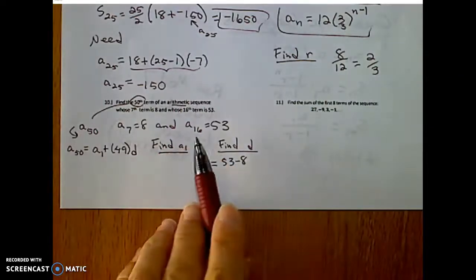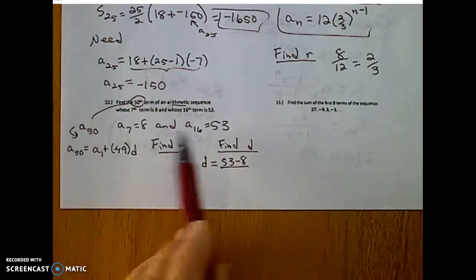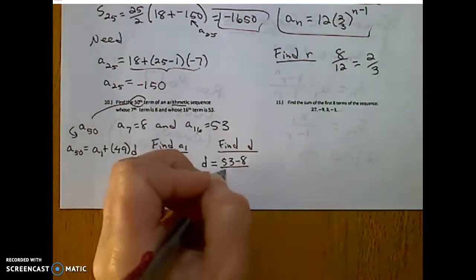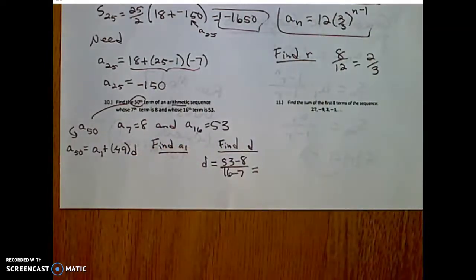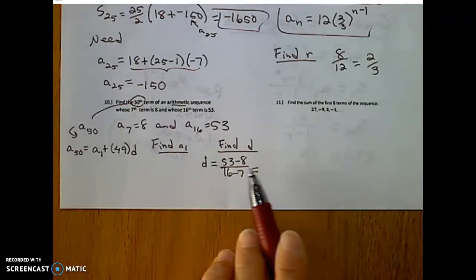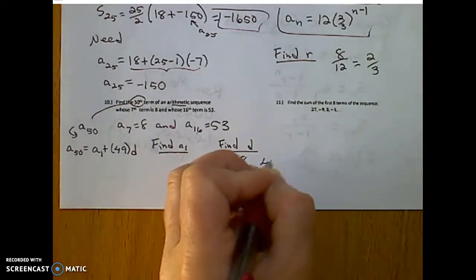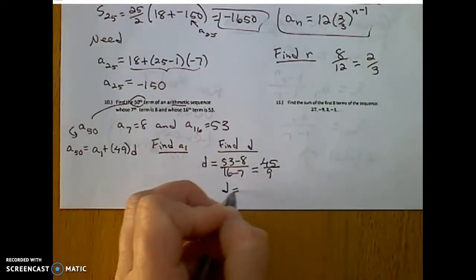And how many of those jumps would I have? That's 16 minus 7, and remember it starts to look kind of slopey. The common difference is the slope in an arithmetic sequence. So 53 minus 8 divided by 16 minus 7, which is 9, and the common difference is 5.